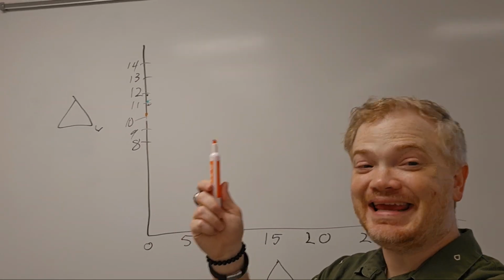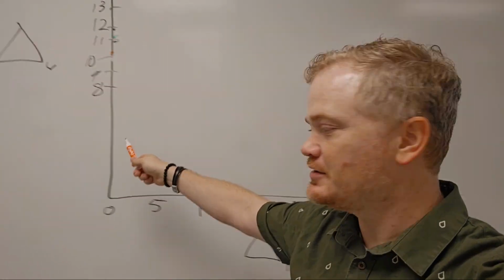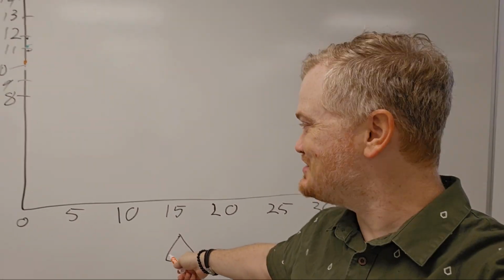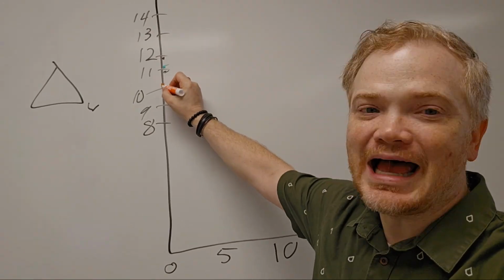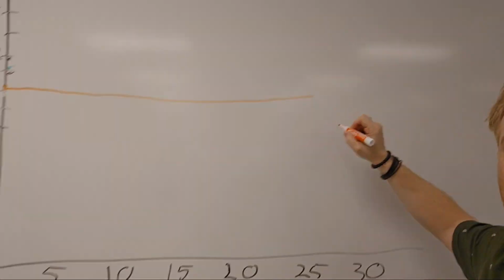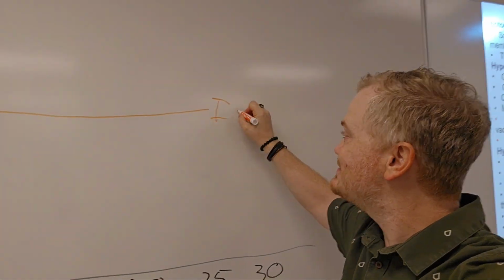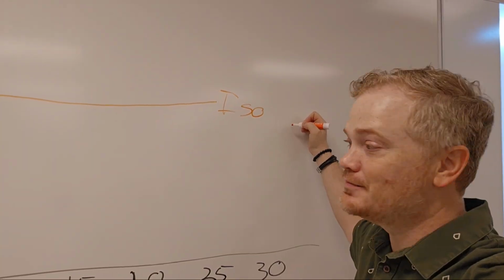And we can very easily graph this. So this is delta W, that's change in weight. This is delta T, that is change in time. If our value never changes, if it stays flat over time, that cell would be in an isotonic solution.